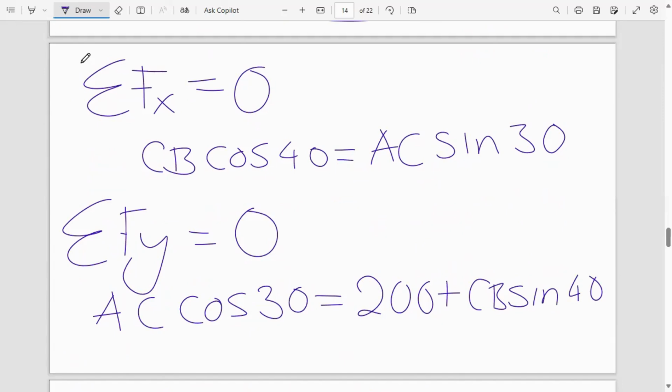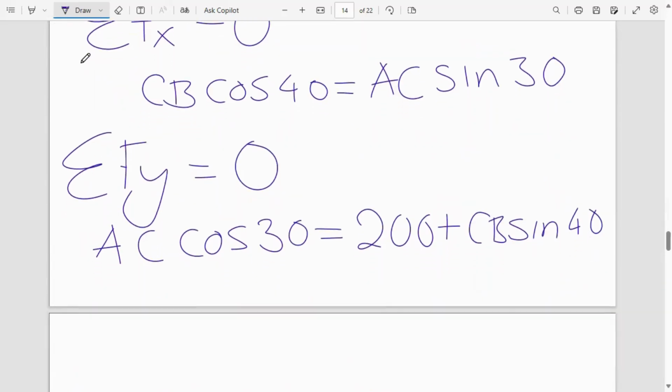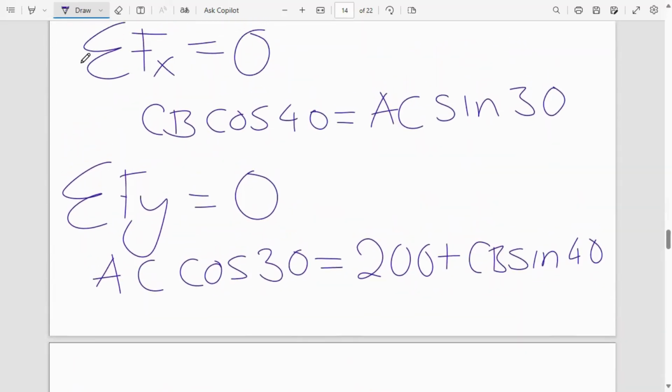So what can we do as usual? We can use a system of simultaneous equations in order to find either of them first. We're going to find them one by one, starting with either CB or AC. Let's make AC the subject of the formula.